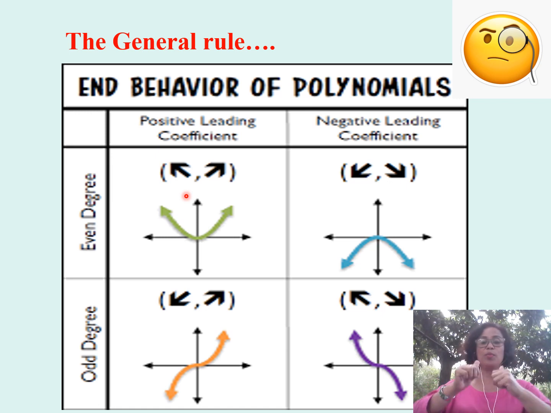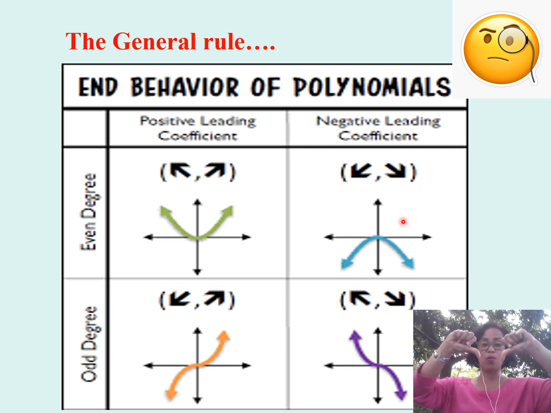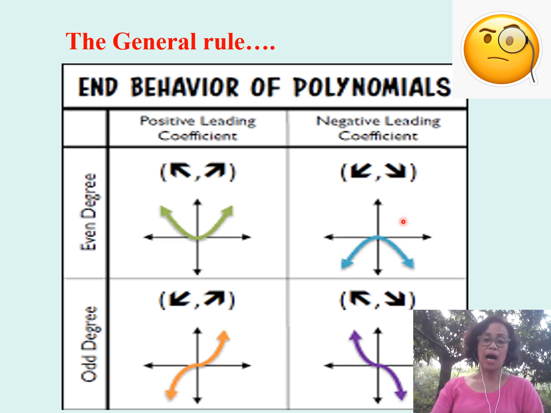Okay. So moving on, if it's even degreed but it is negative, your graph will start at low and will end at low. For odd degree, these are the polynomials that are raised to 1, 3, 5, 7, 9, and so on.